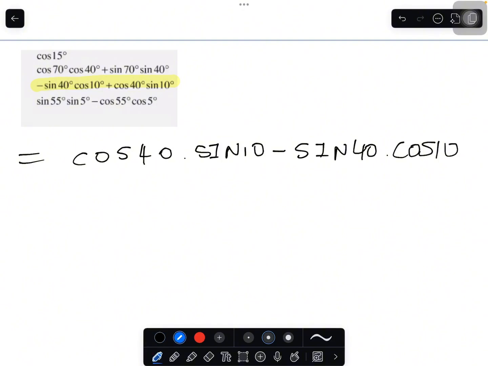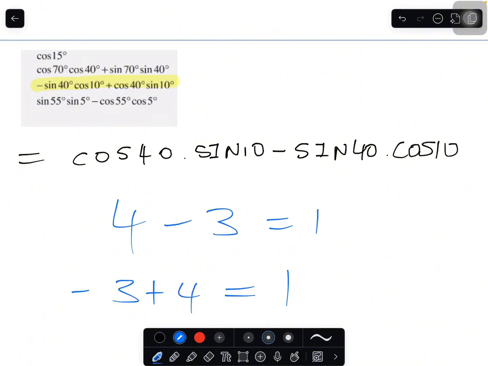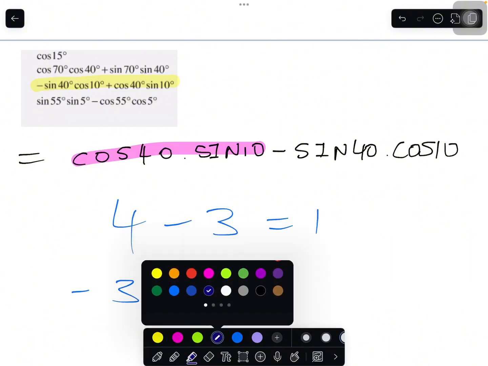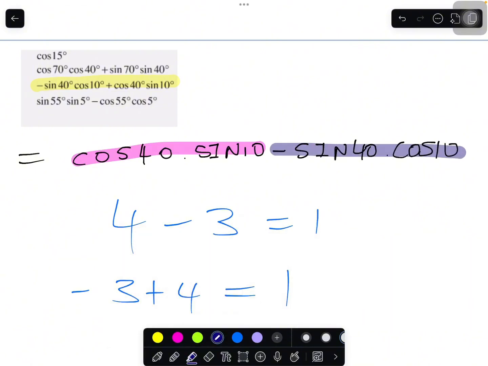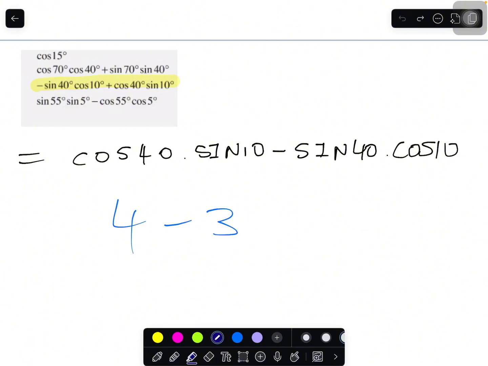Now you may be thinking, how can we do this? And the reason we can do this is, if I have 4 minus 3, which equals 1, or if I have negative 3 plus 4, it still equals 1. And that's the same concept we use in here, because this right here is one term, and this right here is another term, just like how these are one term and one term. So that's the reason why we can swap these, and it's still algebraically correct.